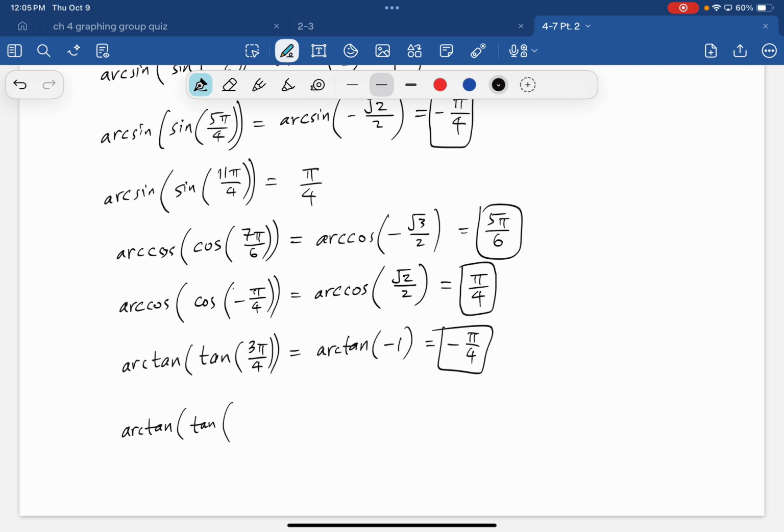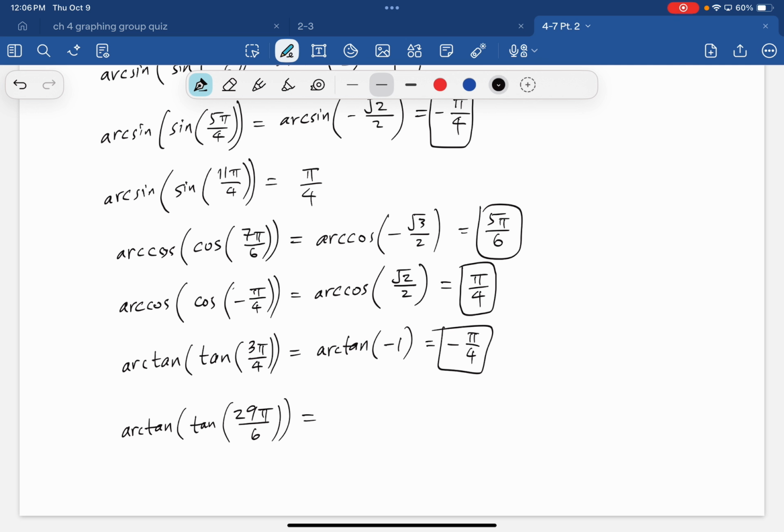Let's do a trickier one. Arctangent of tangent of 29 pi over 6. That's 5 pi over 6? That is wrong, 5 pi over 6 is outside the domain.